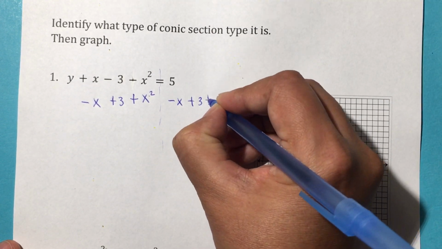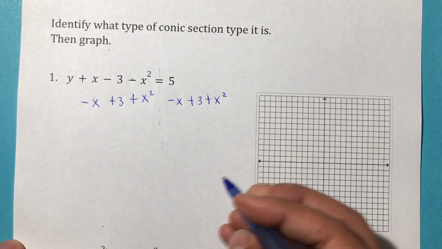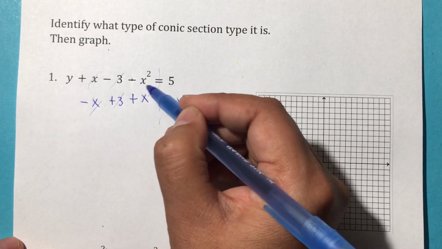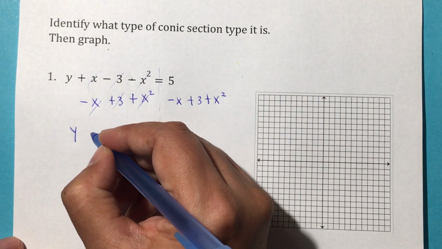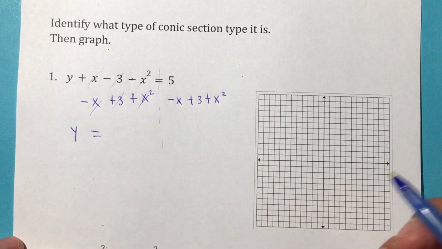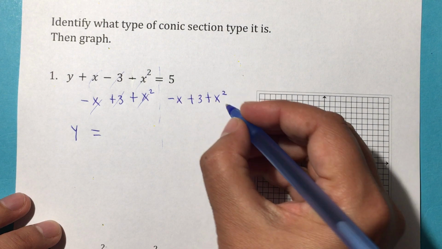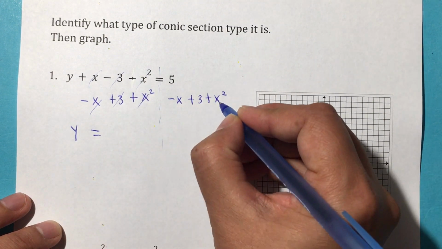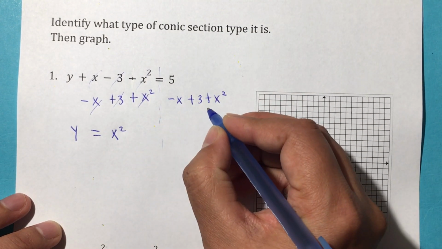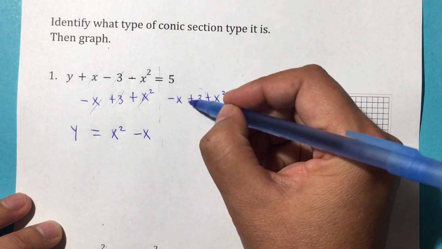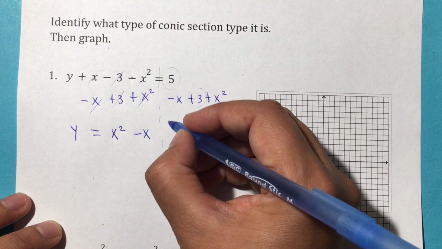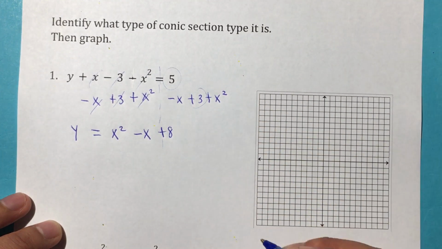At the same time, we will be arranging them. So these cancel and we end up with y equals, sorry that I draw all the way over here, positive x squared, negative x, and then 5 and 3 combined are positive 8.